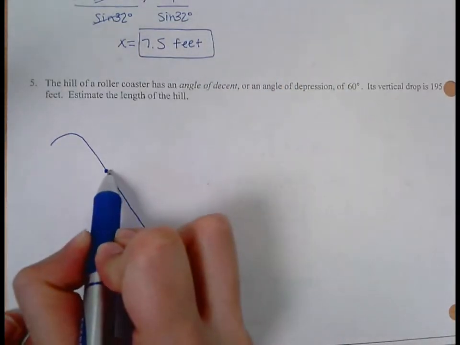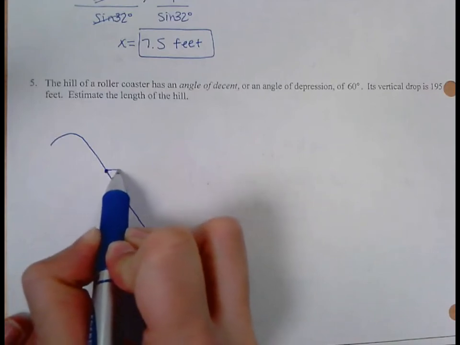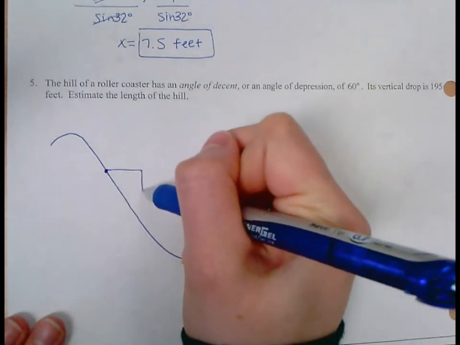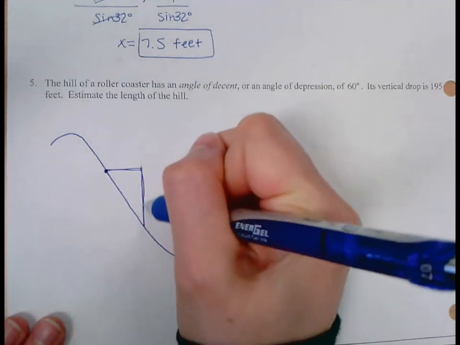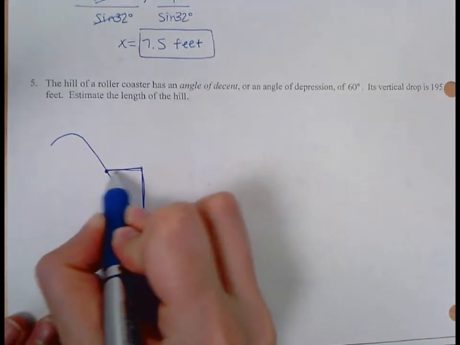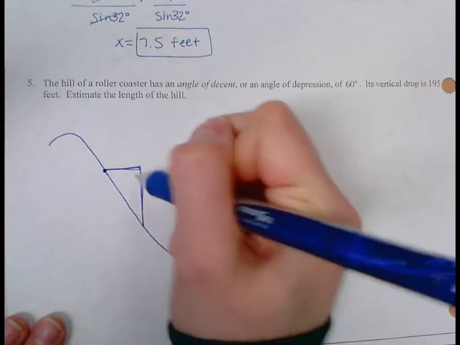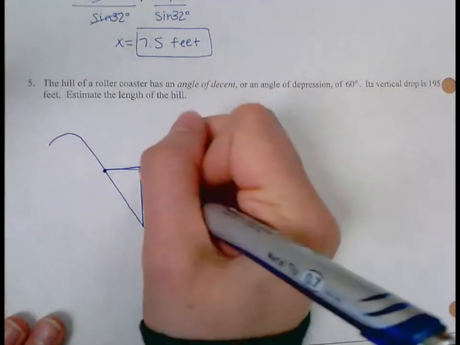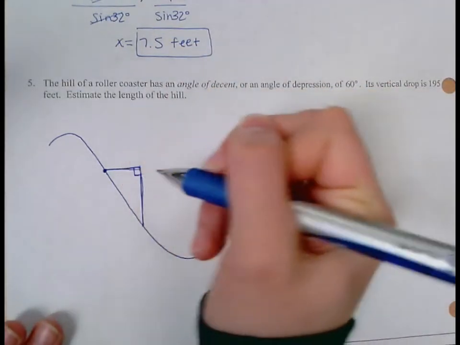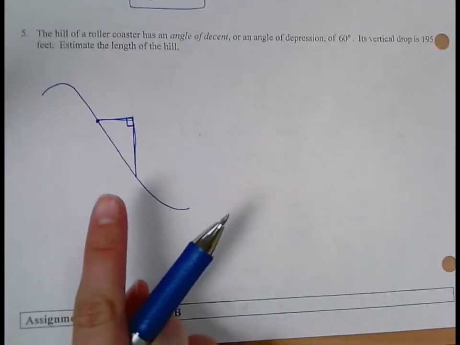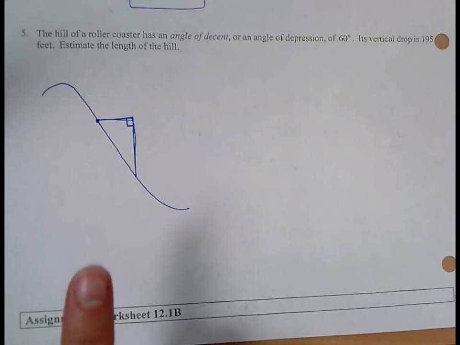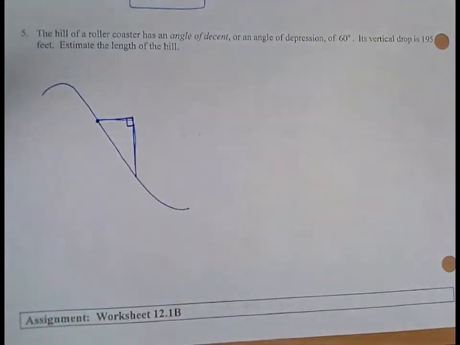You could draw a right triangle off of this like this, just to help you picture it. I would definitely recommend with the practice, for this one you'll have time in class to work on the practice, because part of it is just sketching what the triangle would even look like. So based on that triangle, I want you to answer number 5. You'd have to figure out where the 60 degrees goes, where the 195 goes, and then what you are trying to find.